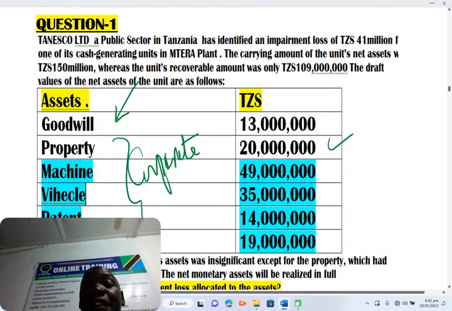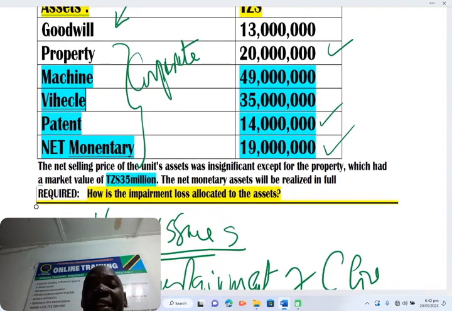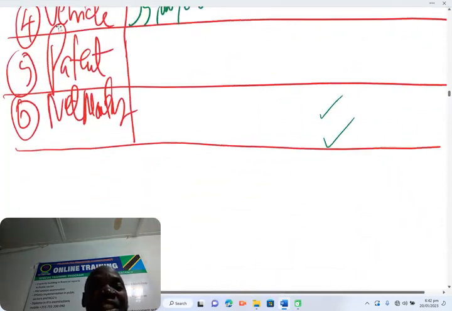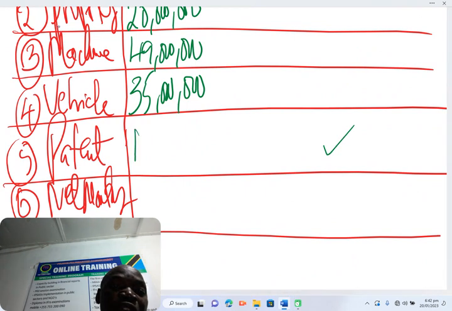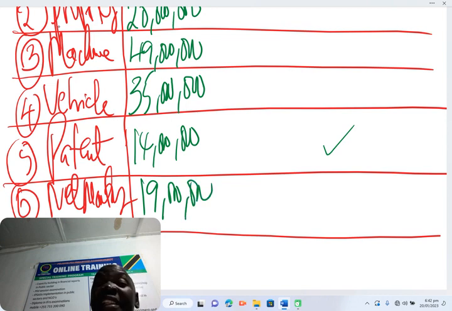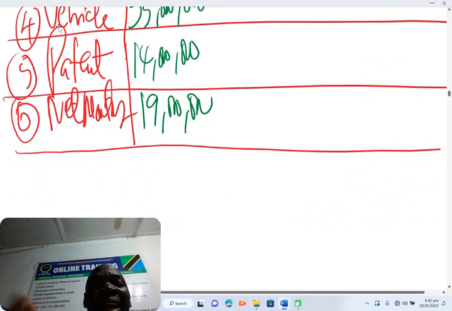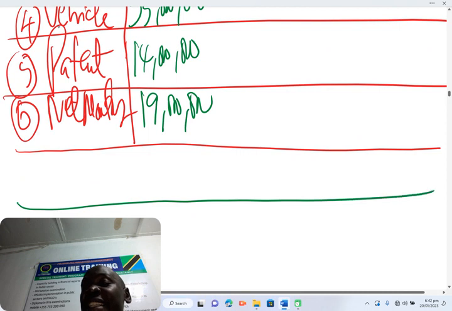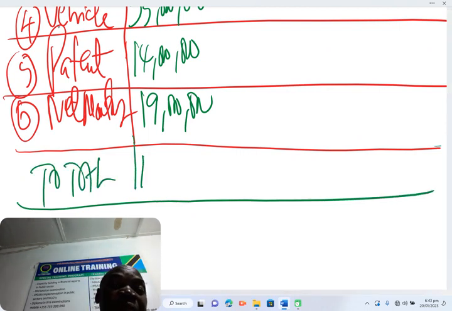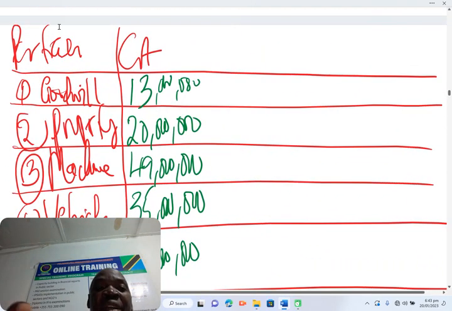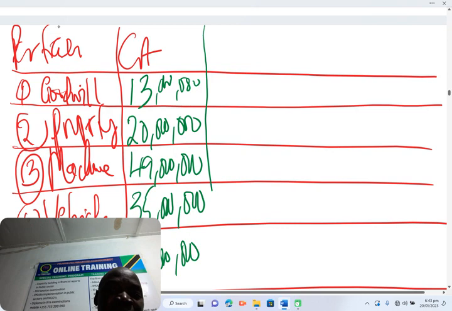The patent is 14 million against 19 million. That's a very simple explanation. Now, once you compute the total asset at balance sheet, we have how many? 150 million. So from here, you draw a demarcation.